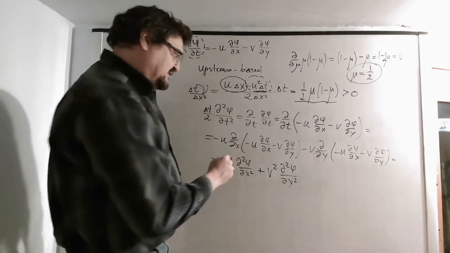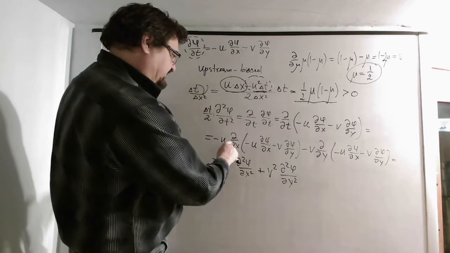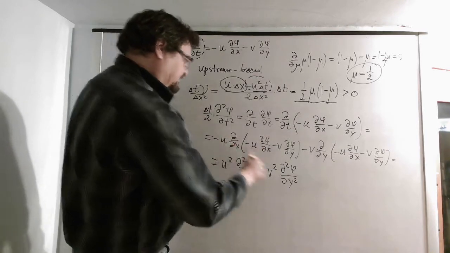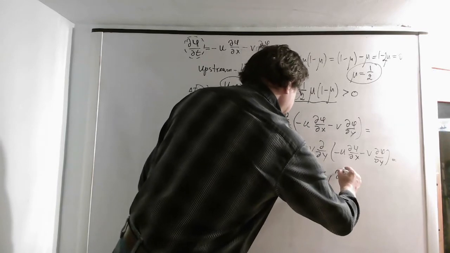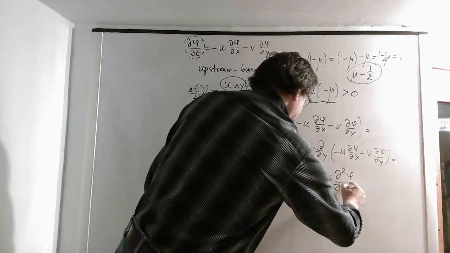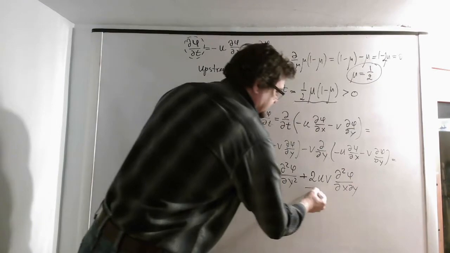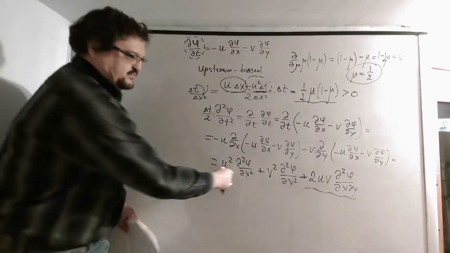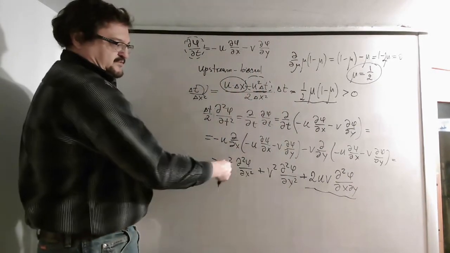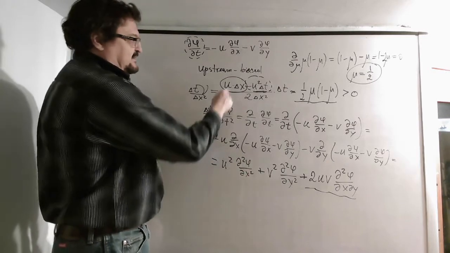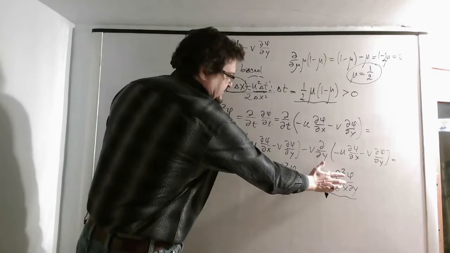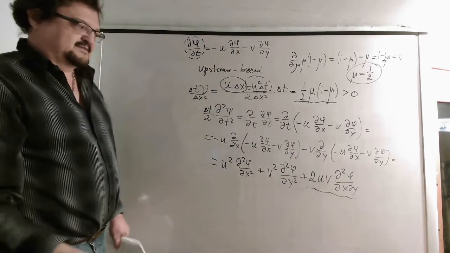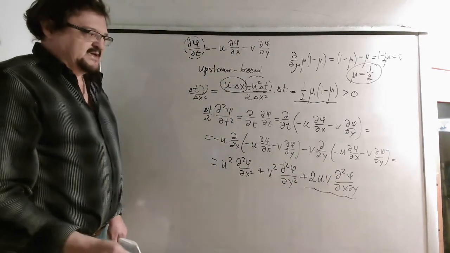But now we actually have a cross term. We have plus 2 uv times the second derivative in x and y. Those two would work okay, just direct expansion would produce a second term, and if there was no cross term, it would be the same, a very similar problem to before.